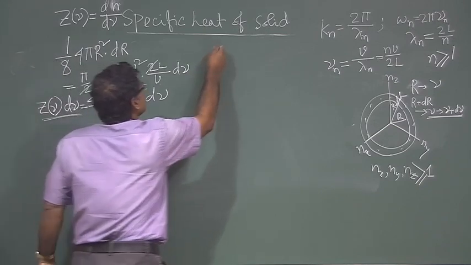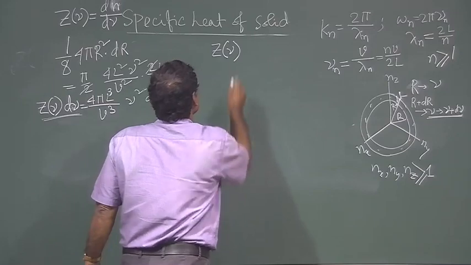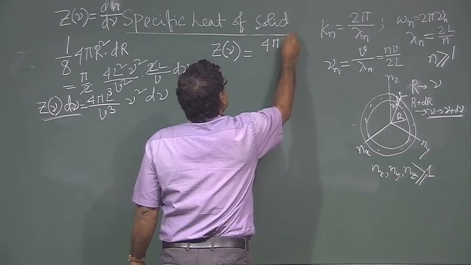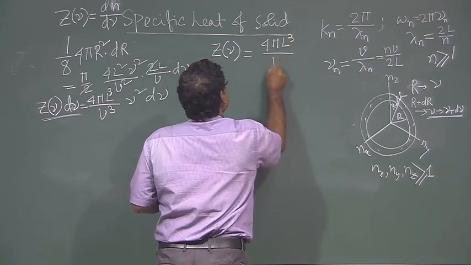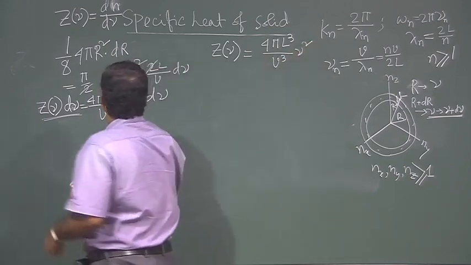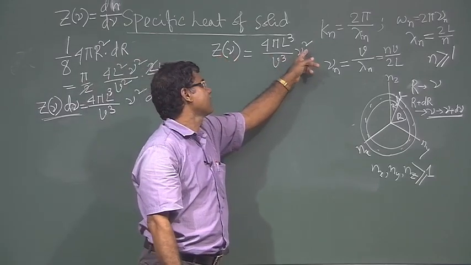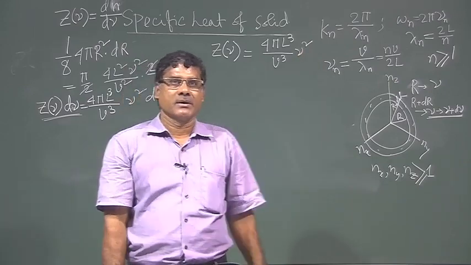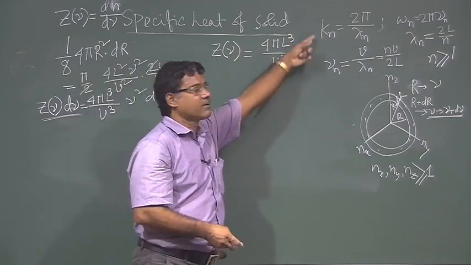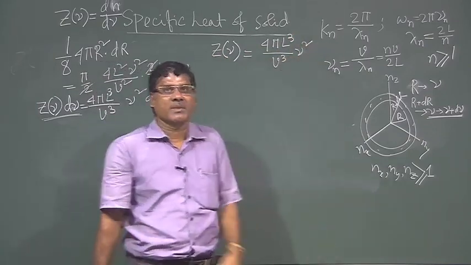So the density of modes at frequency nu, Z nu, equals 4 pi L cube by V cube velocity, times nu square. Here you can see this density of modes varies as the square of the frequency, right. The higher the frequency, the density will vary as the square of that frequency.